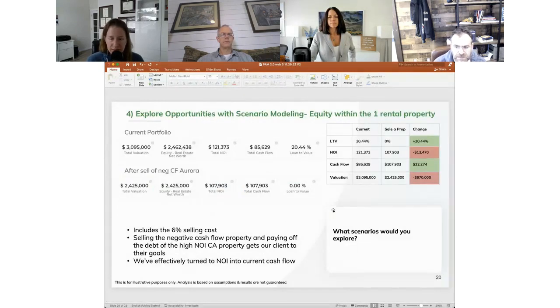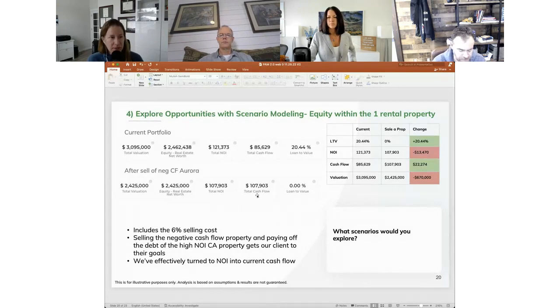So this is showing the difference between, this is his current portfolio valuation. Again, we're at that 85,000 total cash flow mark. And then after selling that negative cash flowing property, we've actually exceeded our cash flow goal in one move. That is kind of exciting to me, especially when you're at the point in this investor's career when you want to simplify.